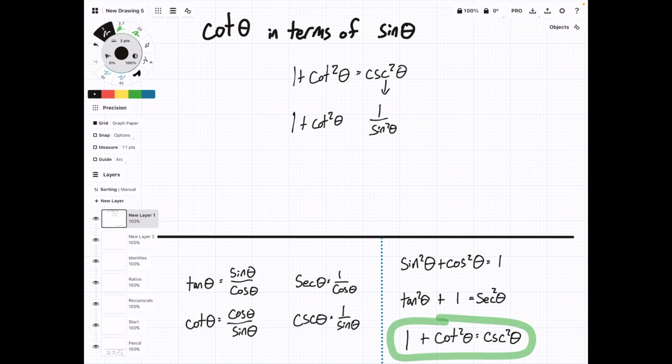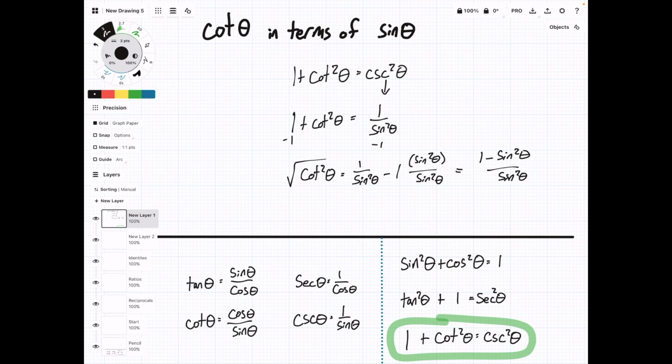Fill in the left side here. And then let's solve for cotangent. So we're going to subtract a 1. Cotangent squared theta equals 1 over sine squared theta minus 1. And we're going to multiply this 1 by sine squared theta over sine squared theta. So this right side becomes 1 minus sine squared theta over sine squared theta.